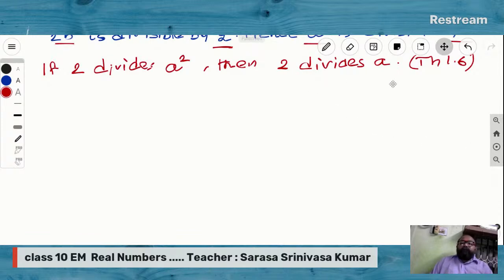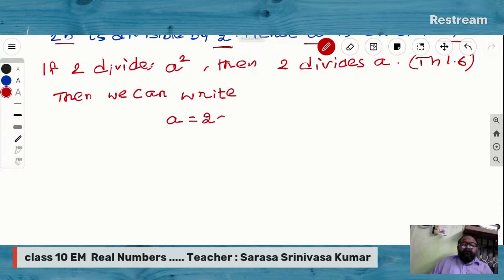If 2 divides A, then we can write A equal to 2C for some integer C.